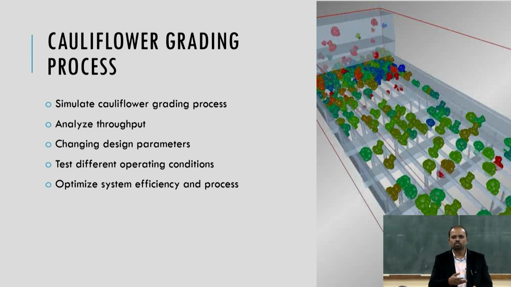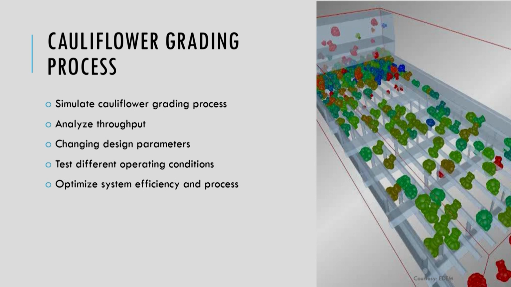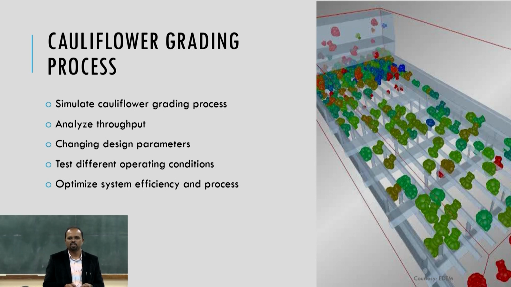The source of this is a DEM community. In this cauliflower grading, they develop their own cauliflowers by binding little particles in the shape of cauliflowers. Then they see the throughput and optimize the efficiency of the system and the processes. This is just to give you an overview of the things which are happening, right.